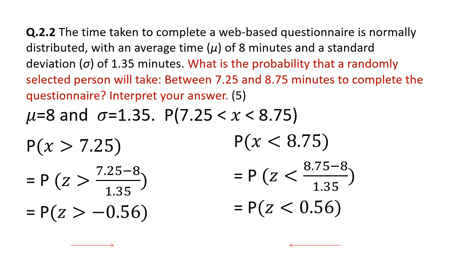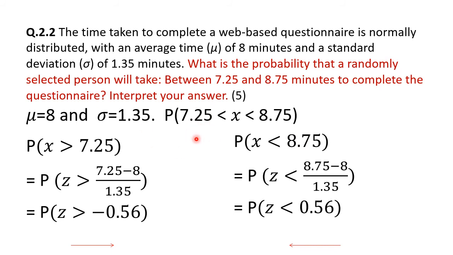Interpret your answer. Now, here you are given 2 x values. You need to change those x values into z scores. You have the conditions, mu is equal to 8, standard deviation 1.35, and you are finding the probability that x is greater than 7.25 but less than 8.75.